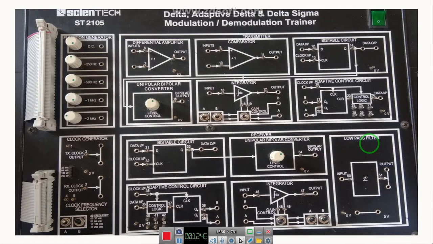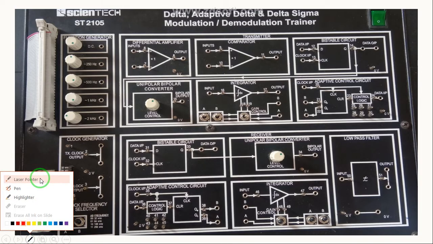Now this is the delta modulator and adaptive delta modulator kit, and we will come to know what the different blocks are that are involved in your delta modulation and adaptive delta modulation.